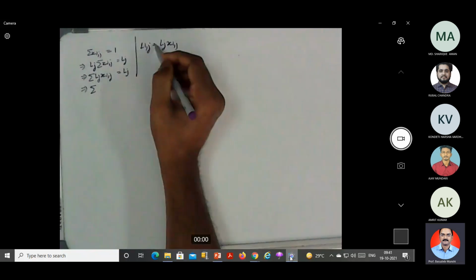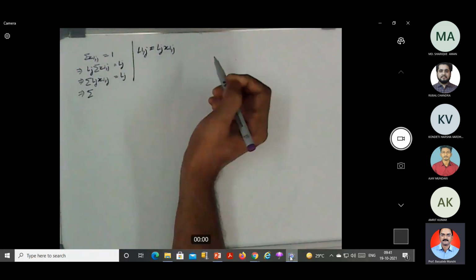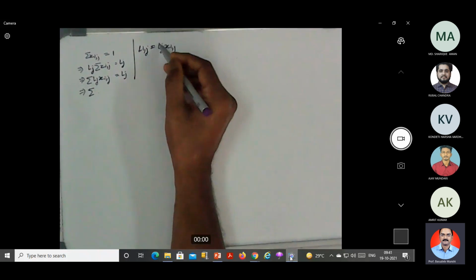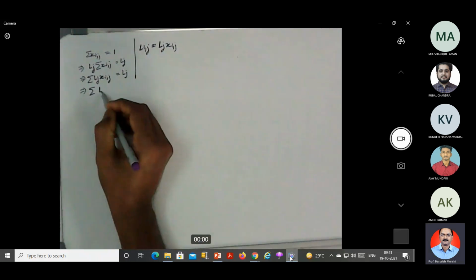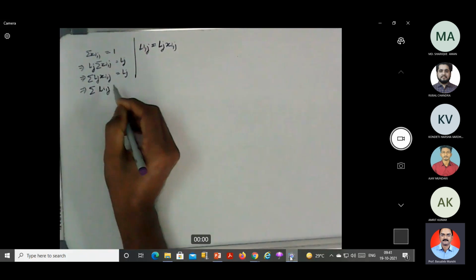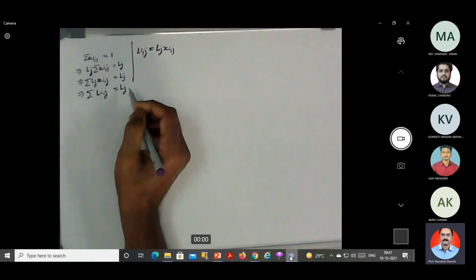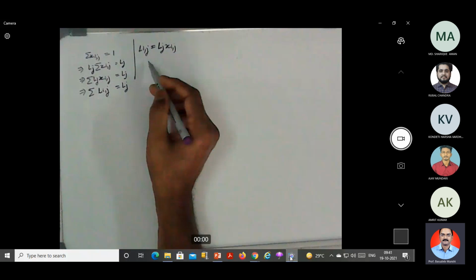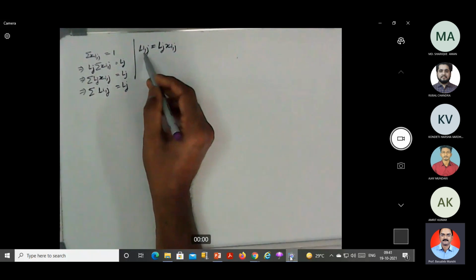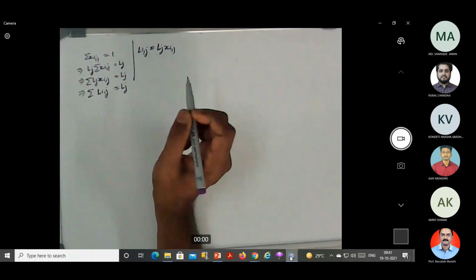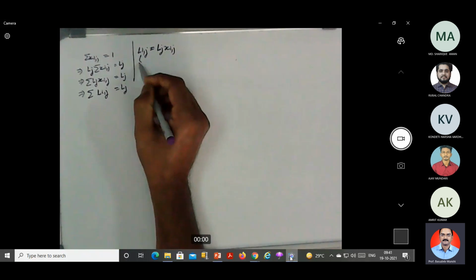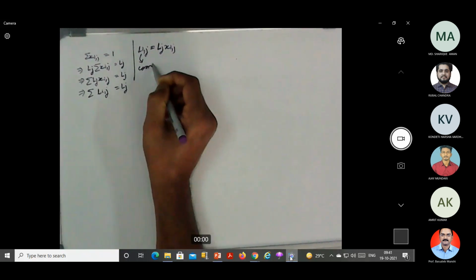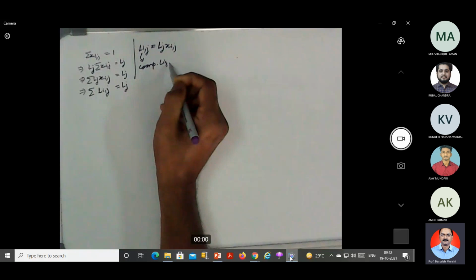Clear? So that is what is written here. That gives us sigma Lij equal to Lj. This Lij is called the component liquid flow rate.